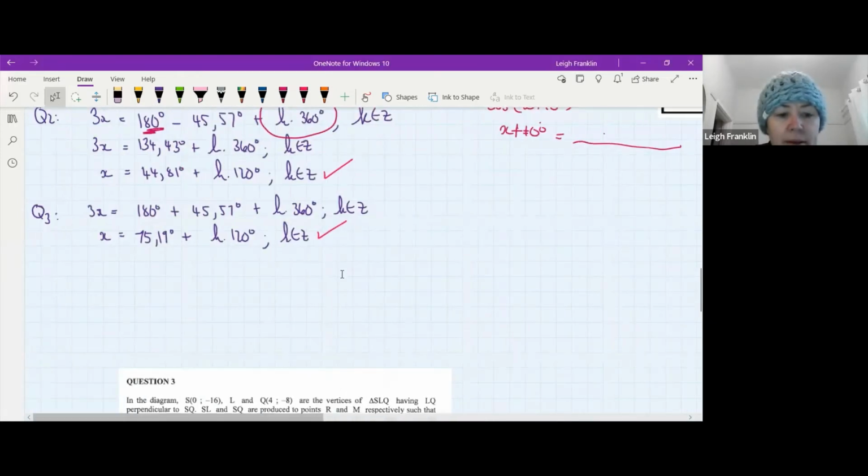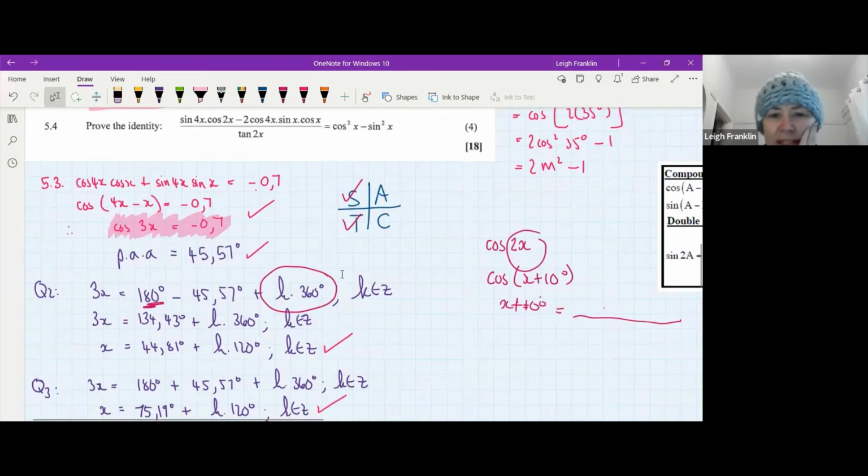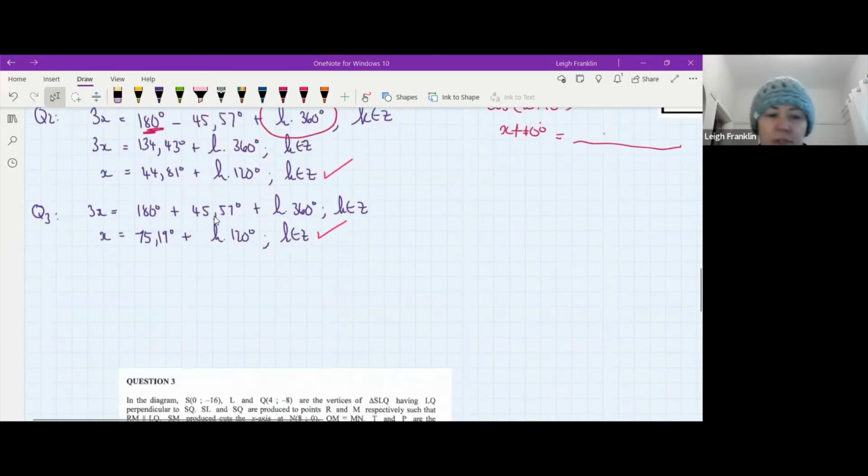Let's go back and tackle this nasty looking job over here. I think the easiest thing for me to do would be to write this down. So on the left-hand side, we've got sine 4x cos 2x.